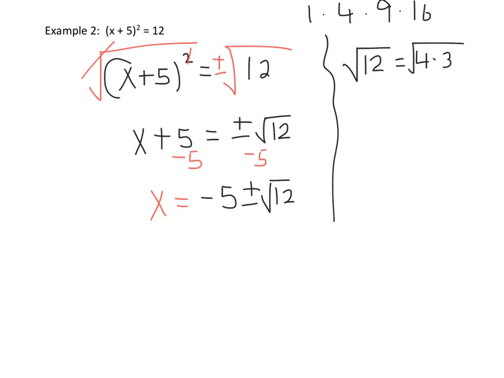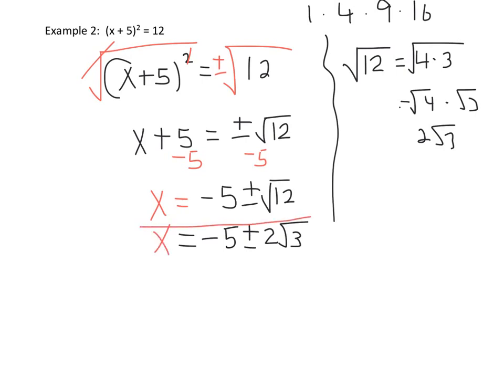It's the same as square root of 4 times square root of 3, so this will be 2 square root of 3. So the answer here would be negative 5 plus or minus 2 square root of 3. And you can see here, those are the two answers.